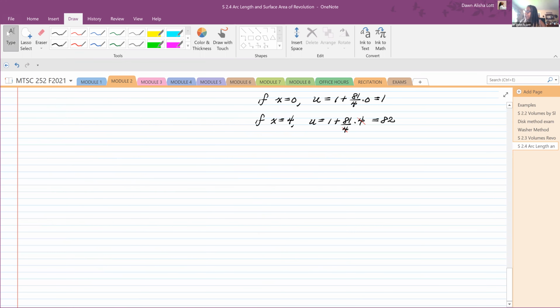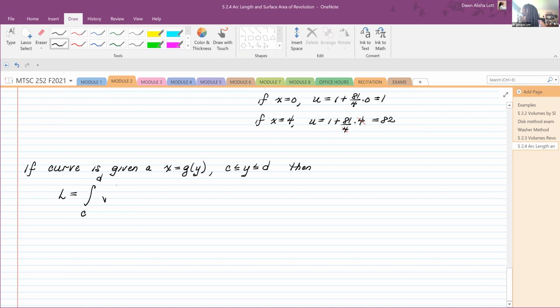So if your curve is given as x equal to a function of y, and c less than or equal to y less than or equal to d, so some curves can be defined that way, then the length will be the integral from c to d of the square root of 1 plus dx dy squared.